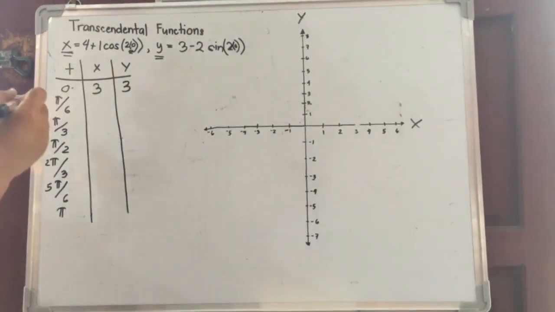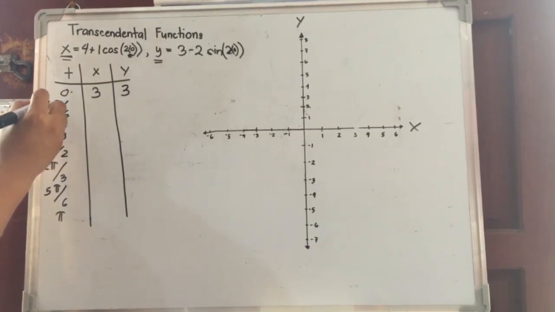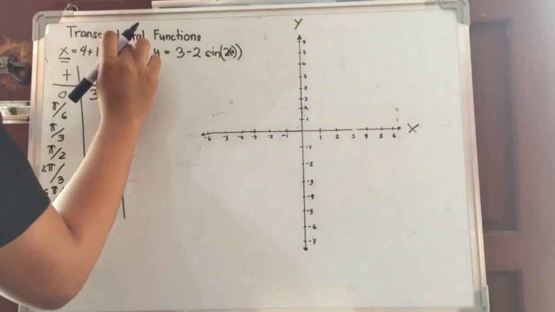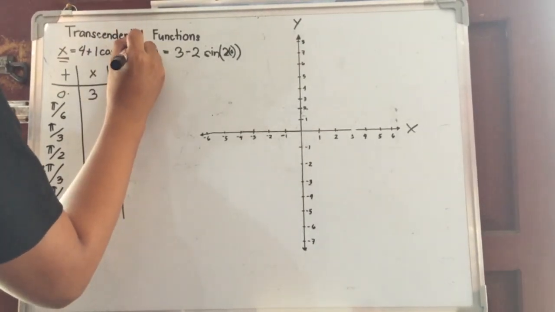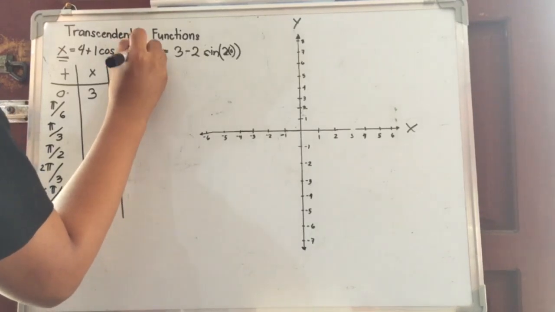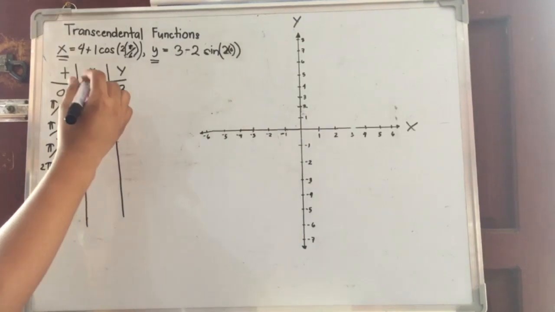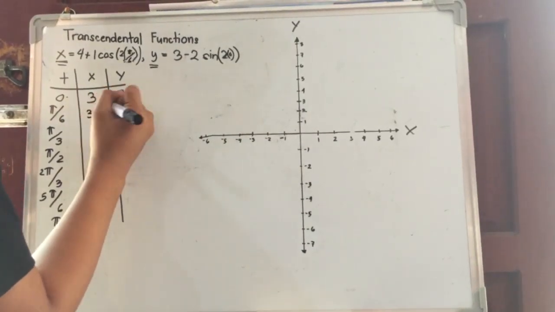The next is pi over 6, so just substitute the value here, pi over 6, and then calculate in your calculator. The result for x will be 3.5.